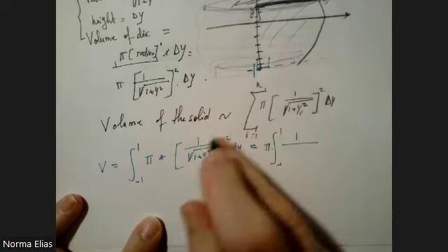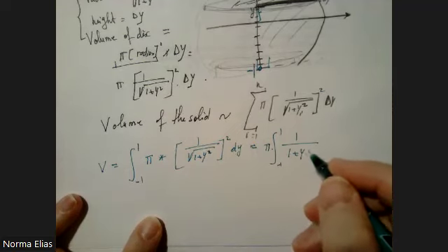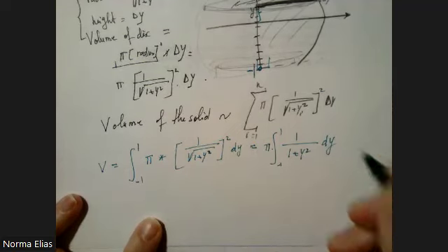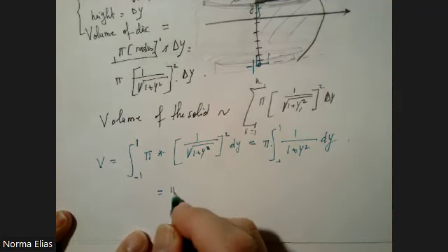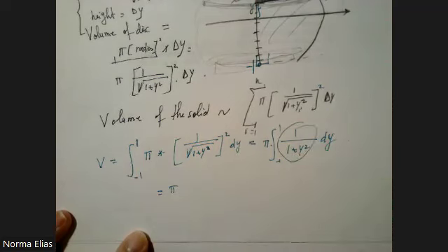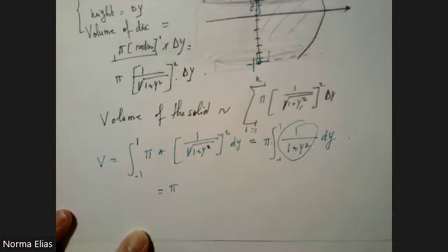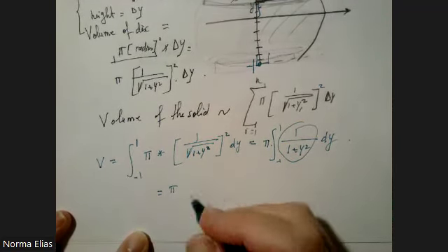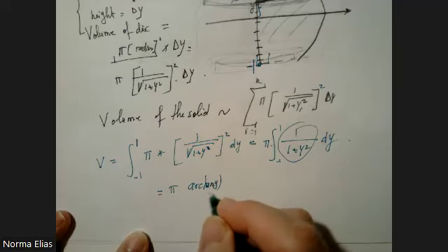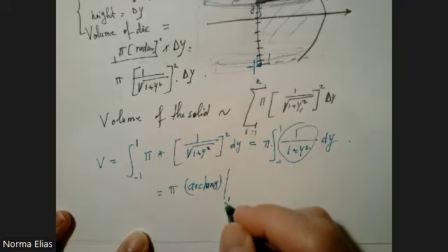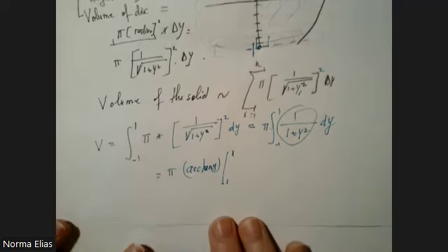And squaring this quantity, I'm left with this piece right there. Okay, so finally I am basically done. Antiderivative of 1 over 1 plus y squared. I think we've done this several times. That's the arctangent of y evaluated between -1 and 1.